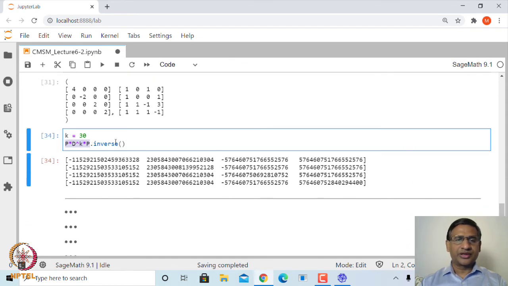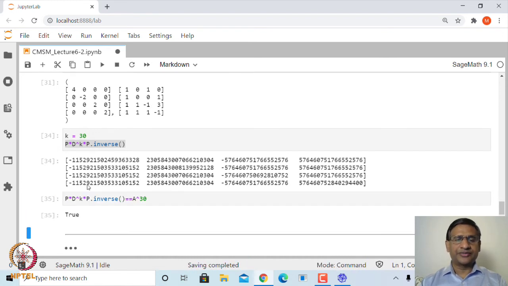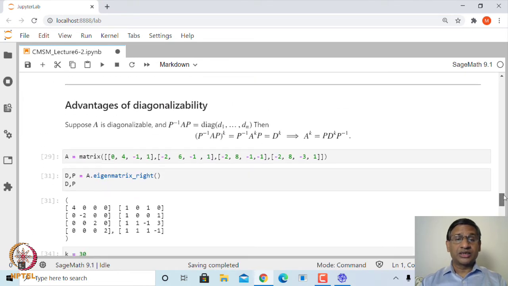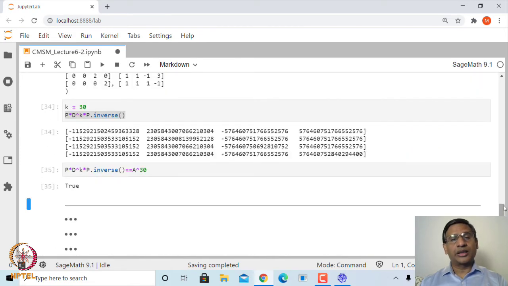Is this equal to A to the power 30? Let us check this. The answer should be true, right? Okay. So, that is one advantage of diagonalizing a matrix. It allows you to find any power of a matrix.